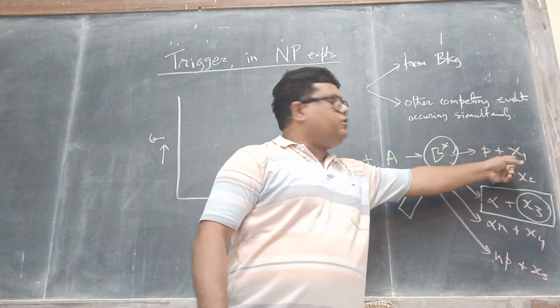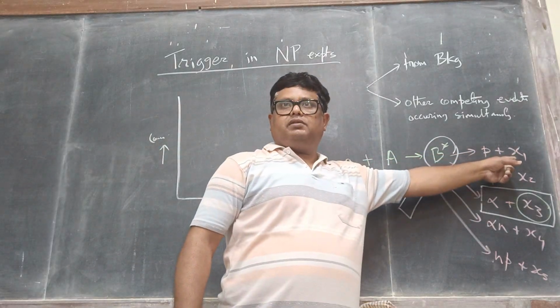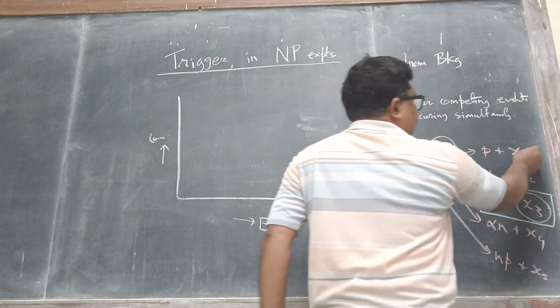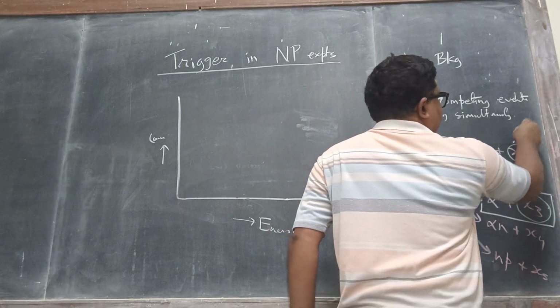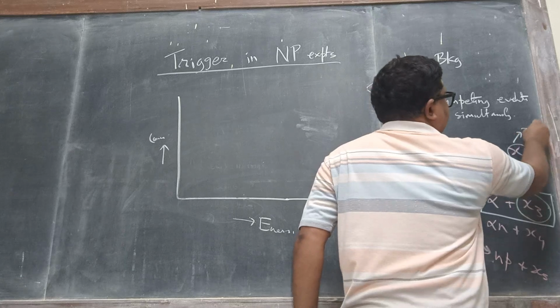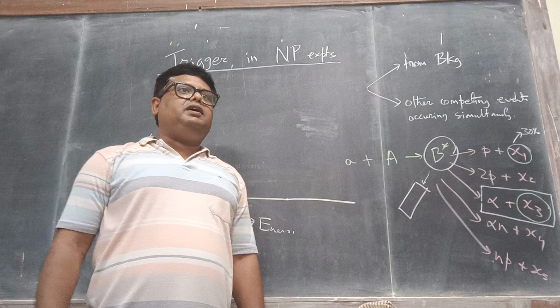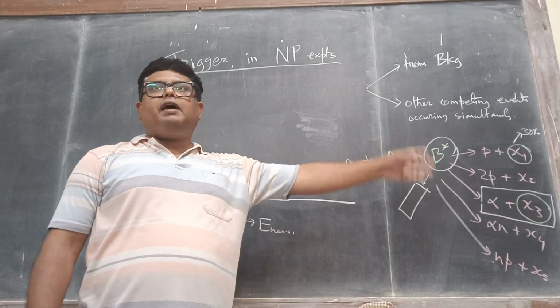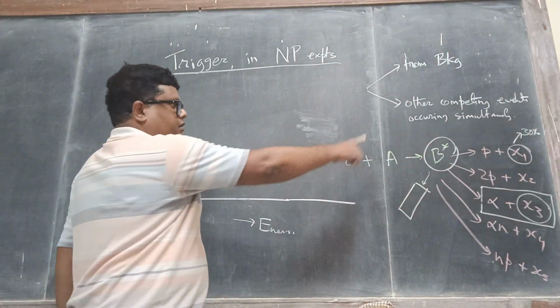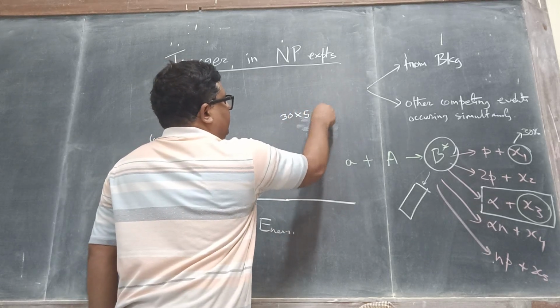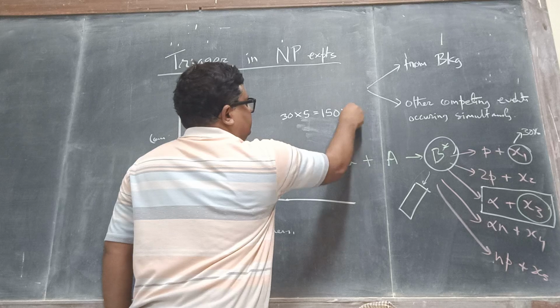Now consider each of the nucleus X1. During decay, suppose each of them emits, say for example, 30 gamma rays. So how many gamma rays will be there in total? There are 5 nuclei, 30 into 5, 150 gamma rays.